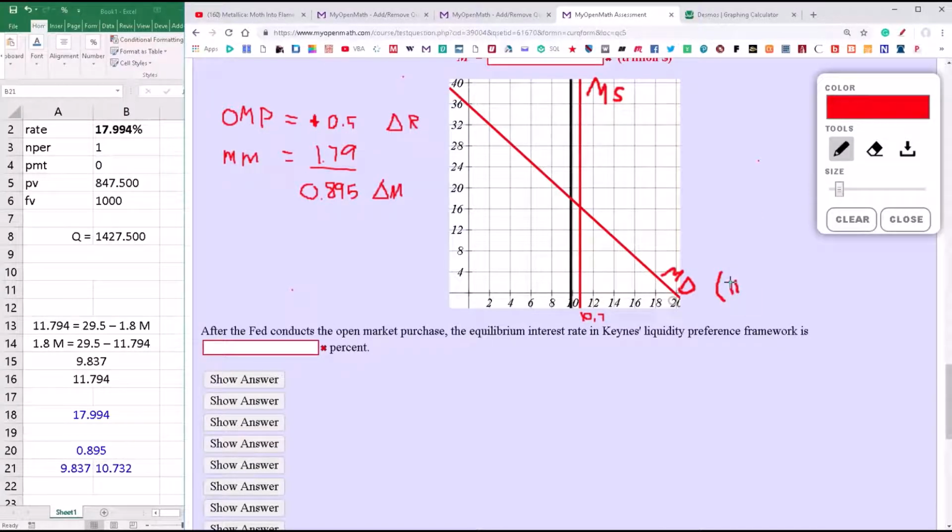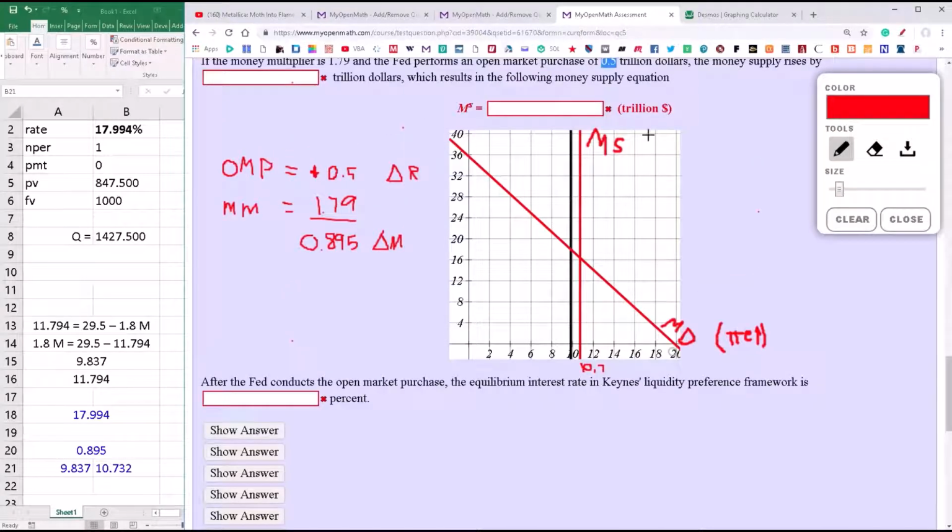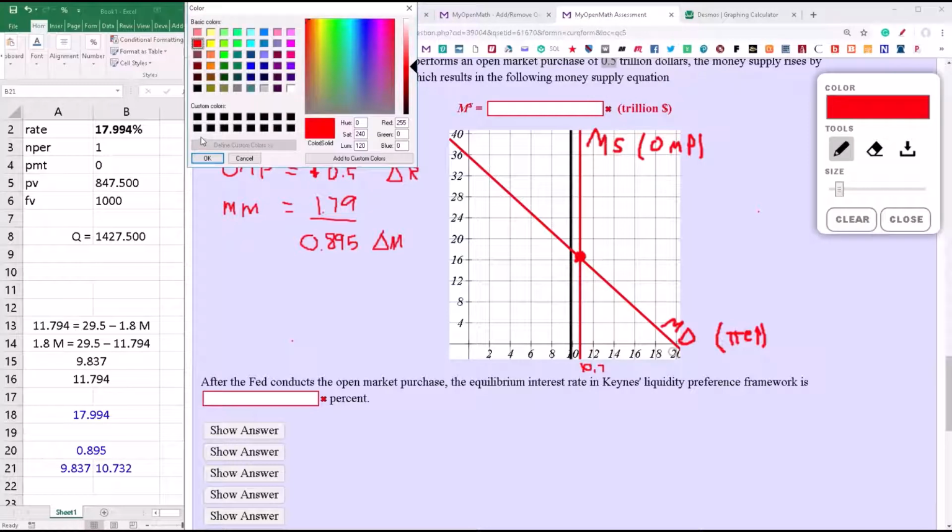So this is attributed to expected inflation rising, right? And this is money supply due to the open market purchase. And this is the equilibrium, right?